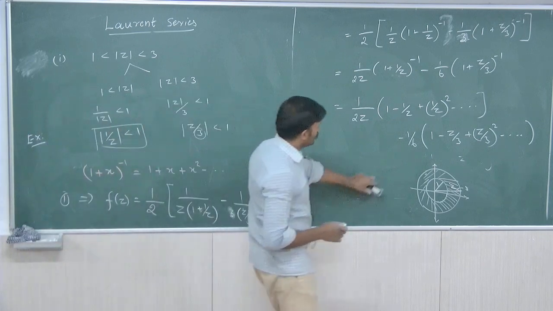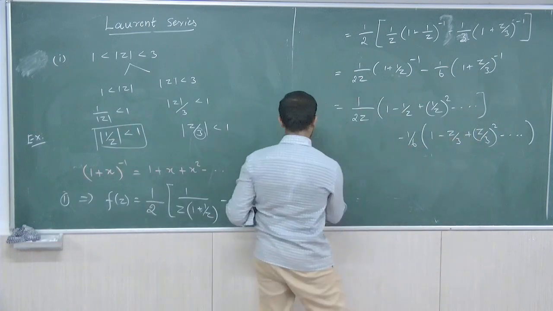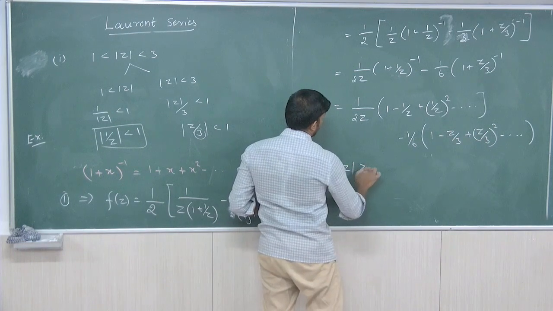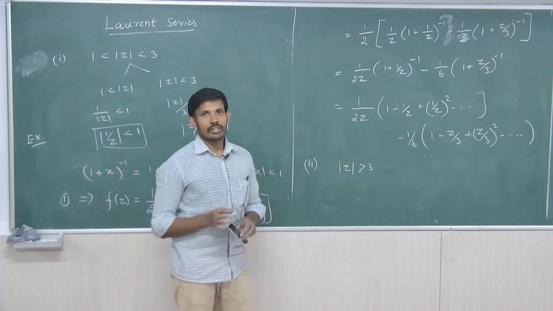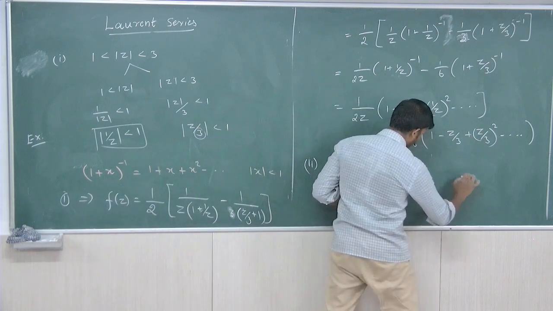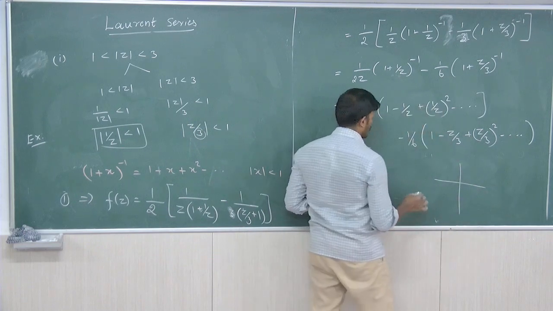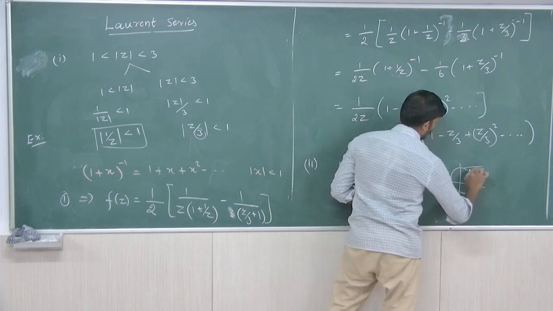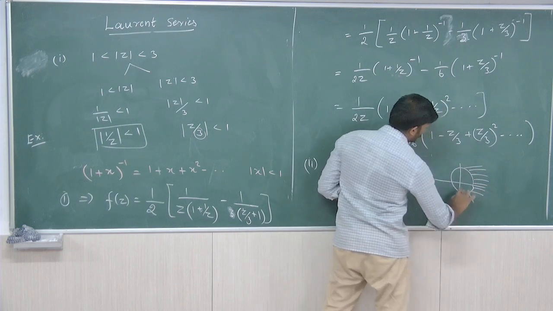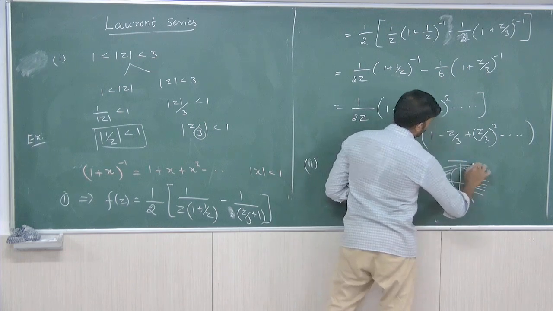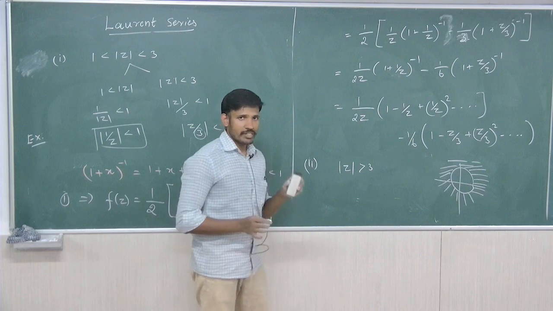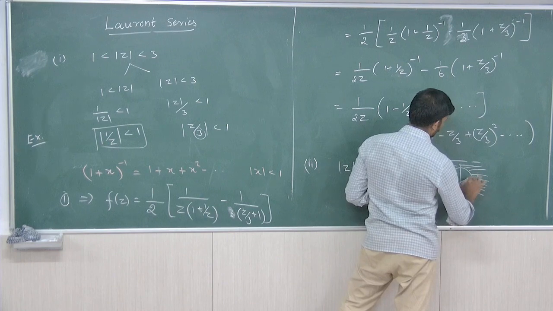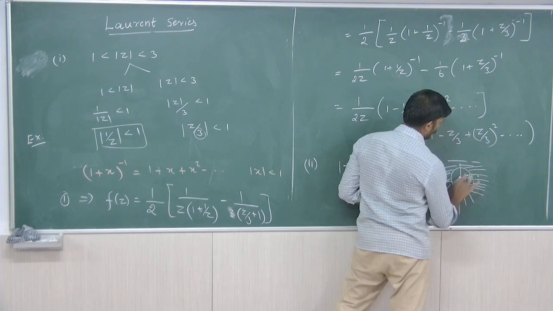So next one, next region: modulus z greater than 3. That means if you draw the circle of center 0 comma 0 radius 3, outside this region we want to take z, that z should lie outside this circle, right?